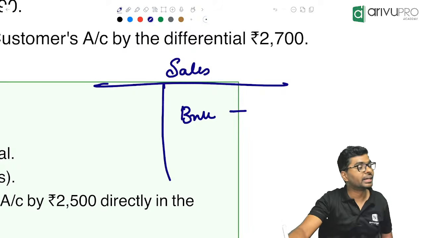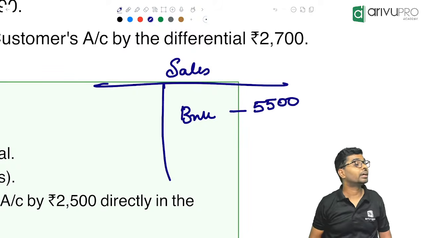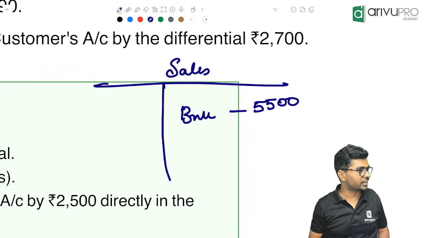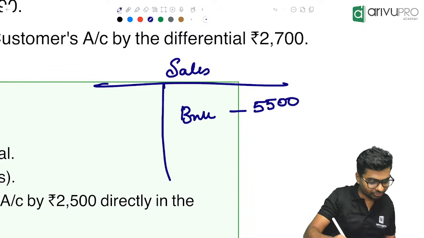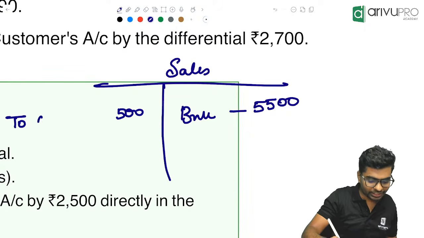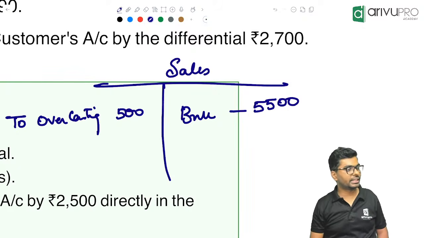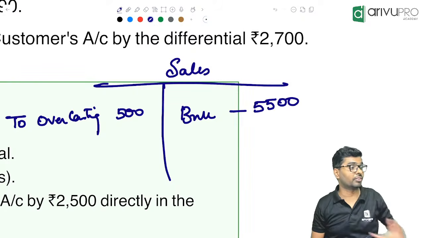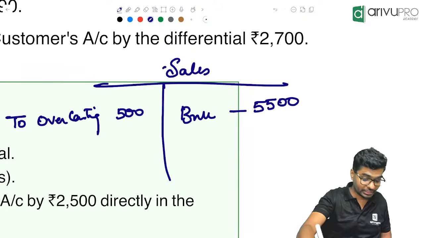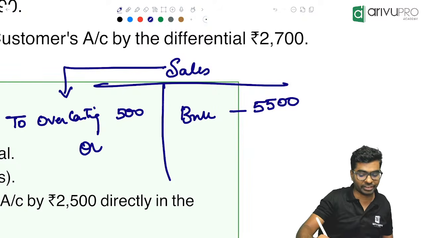Let's assume it was 5000. I wrote it as 5500. It was 5000. I wrote it as what? Have I overcasted it? Now, how do I rectify it? So if you are not feeling comfortable writing a statement and all, you can write it as, in the sales account, to overcasting.